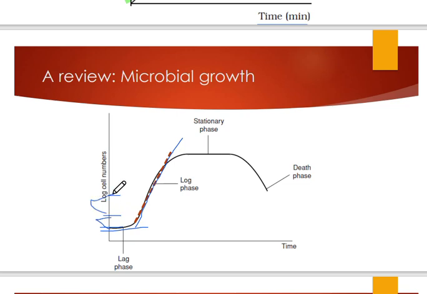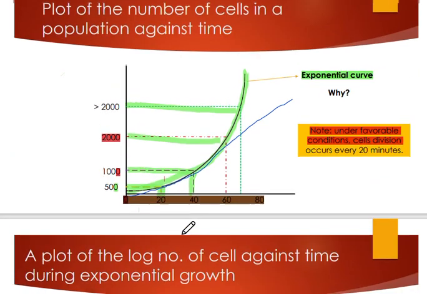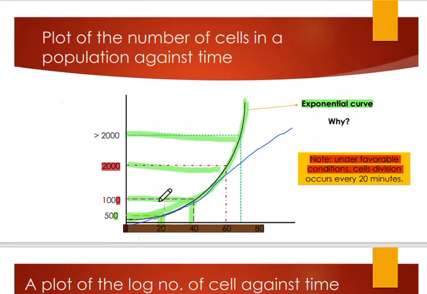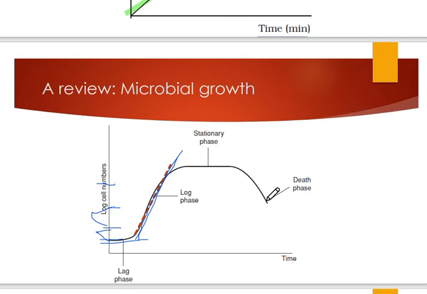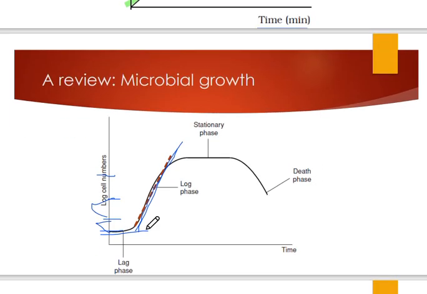This increase here is 1 log. So there is basically an increase of your log cell numbers per 20 minutes, as you can observe in this plot here. This is 1 log cycle, this is 1 log cycle as well, and this one is 1 log cycle. That is why your log phase is the exponential log phase. So there is an exponential increase in the number of your microbial cells.